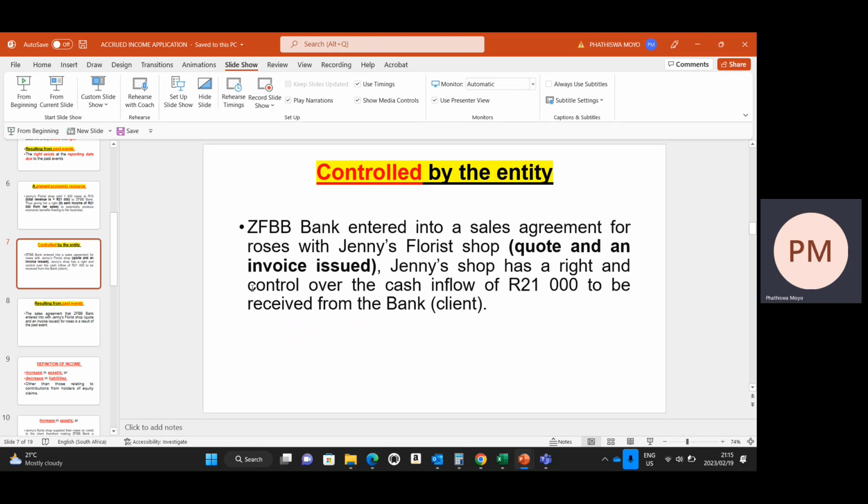It's a florist shop, so you wouldn't necessarily have a contract, as you're supplying this once off. Business to business, some will have contracts, but this is a small SME business, so they are big on quotes and invoices. So Jenny's shop has a right and control over the cash inflow of 21,000 to be received from the bank, which is the client.